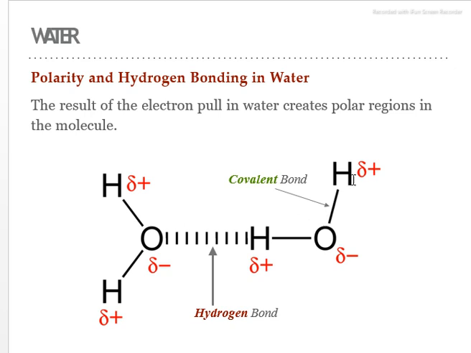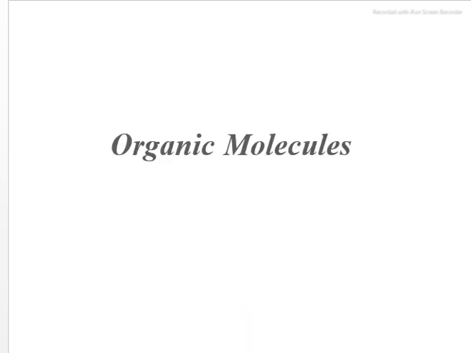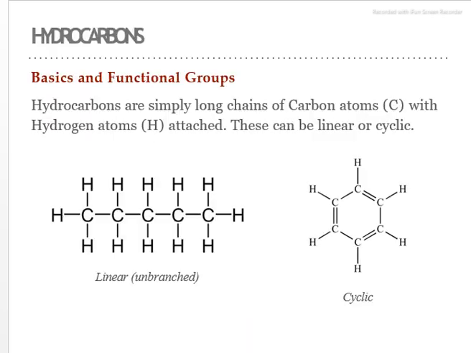We know that the bonding between the hydrogen and oxygen is a covalent bond, and between two water molecules there exist hydrogen bonds. So that is about hydrogen bonds. Now let's discuss some organic molecules. The best examples are hydrocarbons.